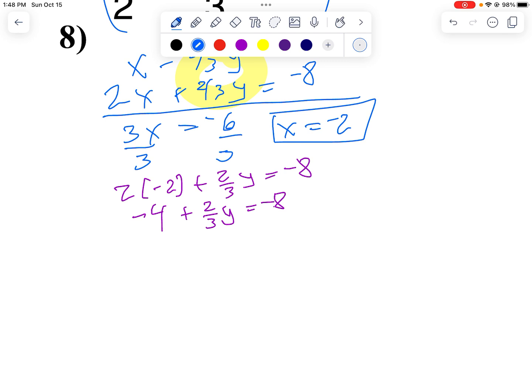Well, let's add 4 to both sides. And once again, my 4's cancel. That's what I wanted to happen. 2/3 y, let's bring that down, equals -4. Well, let's multiply both sides by 3/2.